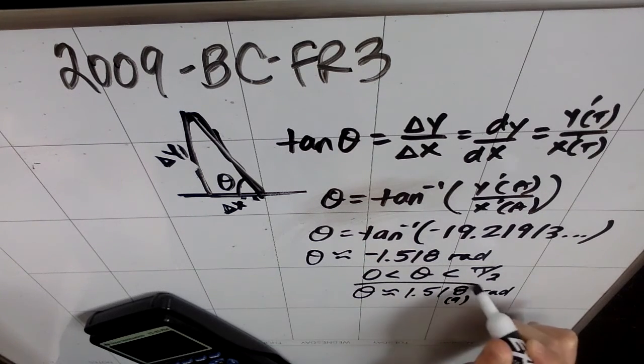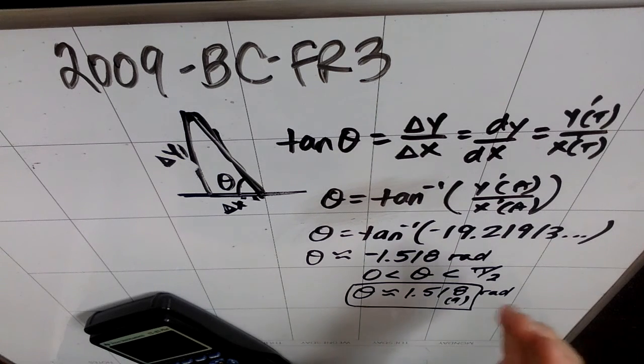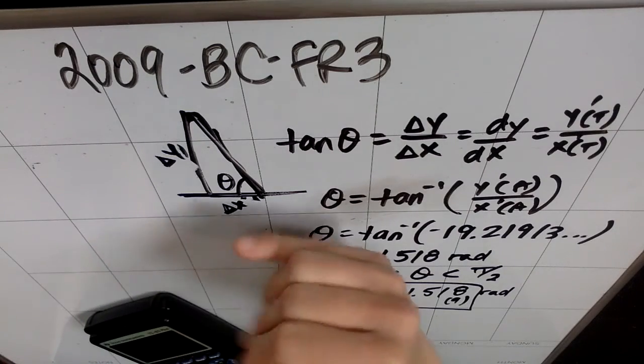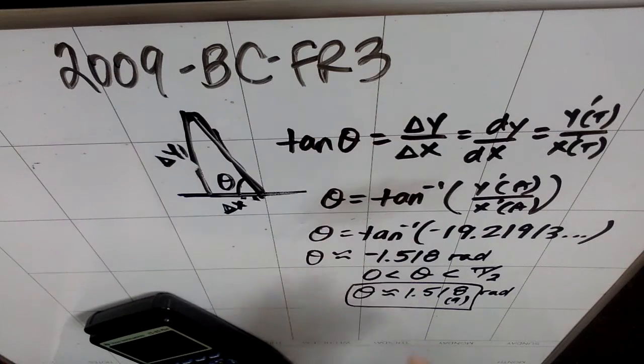You don't need to say radians, because that's one of the only times you don't need a unit. The negative refers not to the size of the angle, but to the direction, so it doesn't matter which way you're rotating. In this case the angle would be rotating clockwise, which is a negative rotation, but we're just talking about the actual quantity of the angle, which is why it's positive.